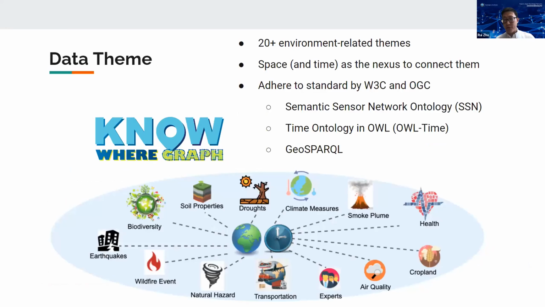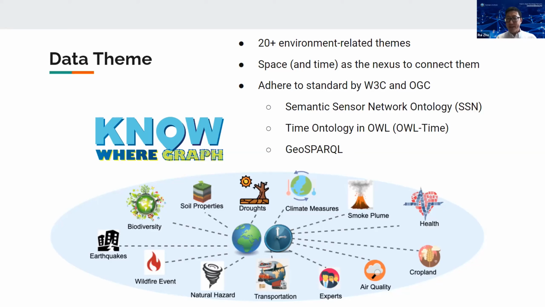We developed our graph, which contains over 20 environmental-related themes, including data about climate, smoke plumes, health, air quality, transportation, and so on. As you can see, these are all different data silos, and our approach is to use space and time as the nexus to connect all these different themed silos.